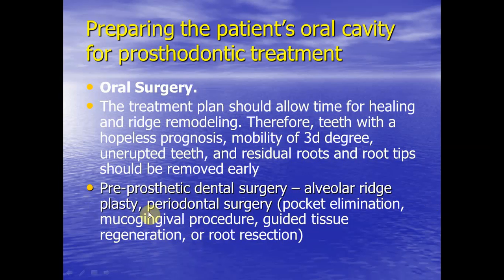Sometimes this periodontal surgery is done by oral surgeon, like pocket elimination, mucogingival procedure, guided tissue regeneration, or root resection. All this is done before our treatment, because if we make a denture before the oral surgery, after the oral surgery this denture is likely to be replaced.